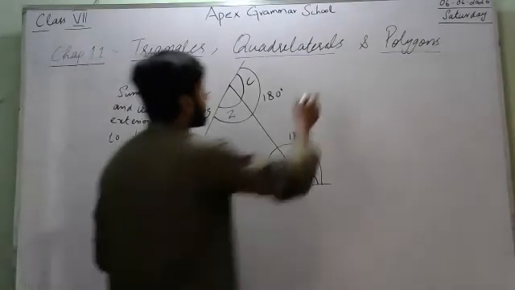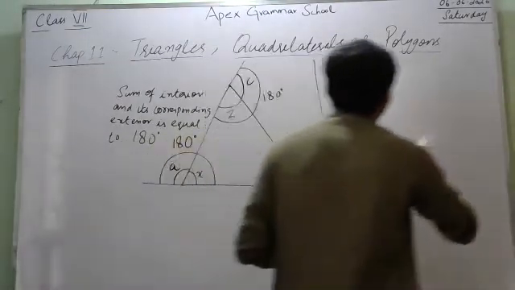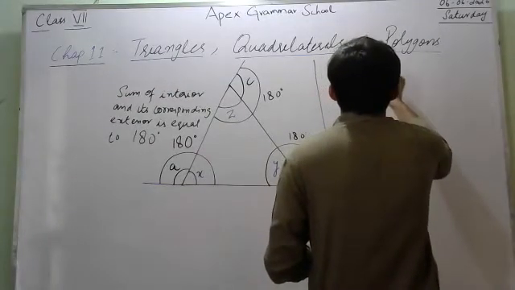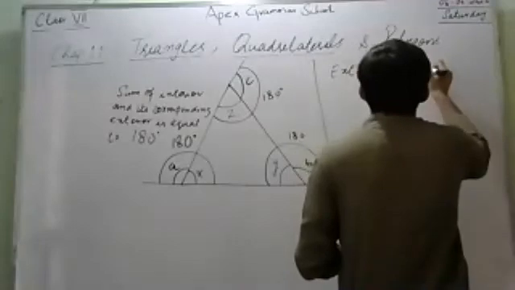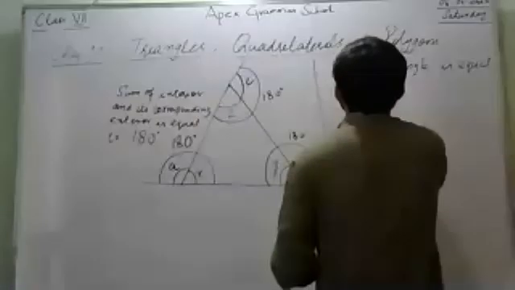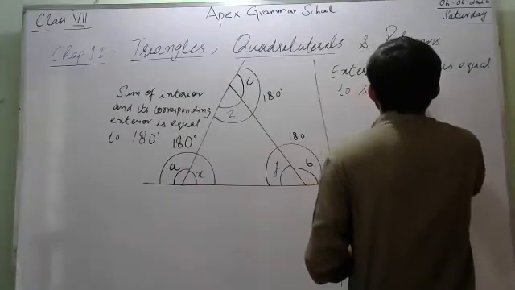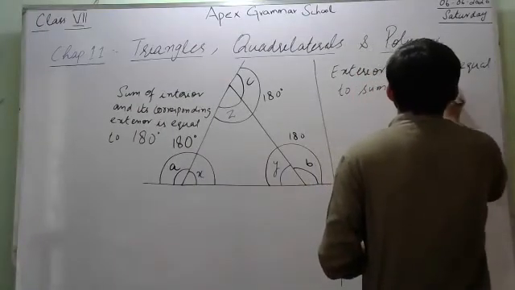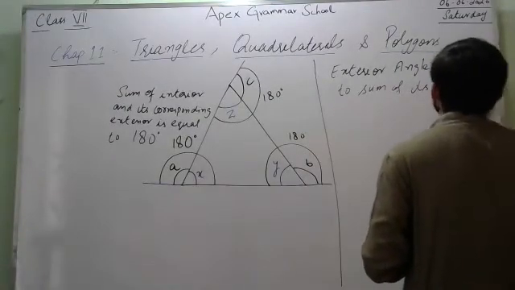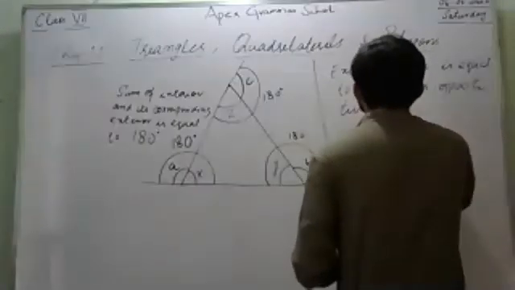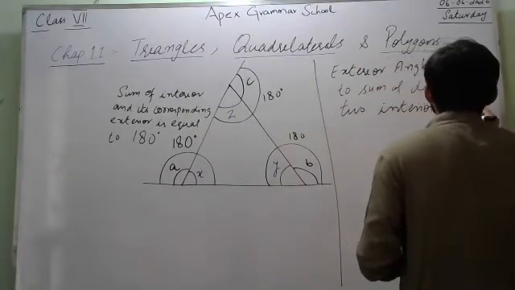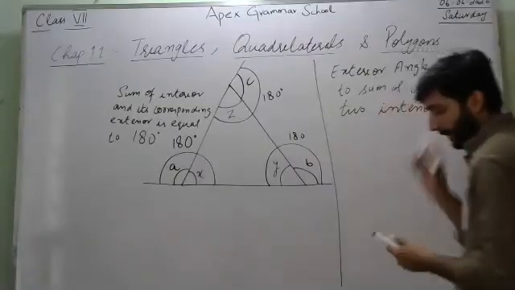The next term is: an exterior angle is equal to the sum of its opposite two interior angles.